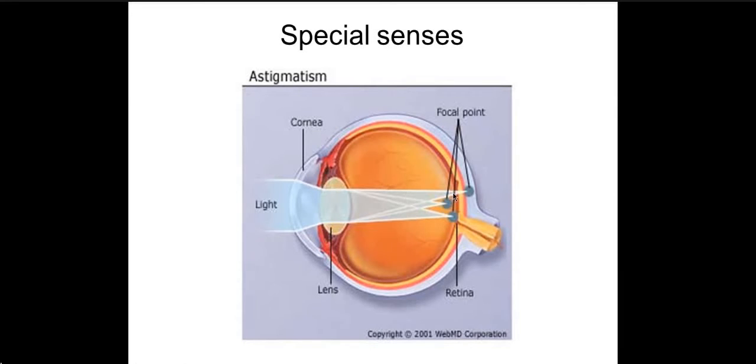Some portion of the object is focused here, some portion in front, some here. So in that case there is astigmatism, and for astigmatism the remedy is the cylindrical lens.